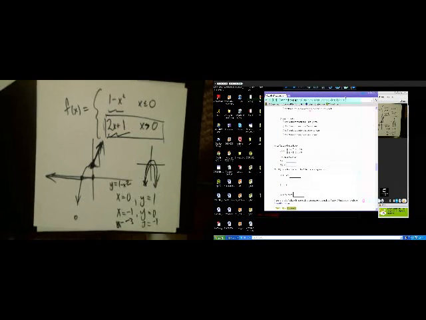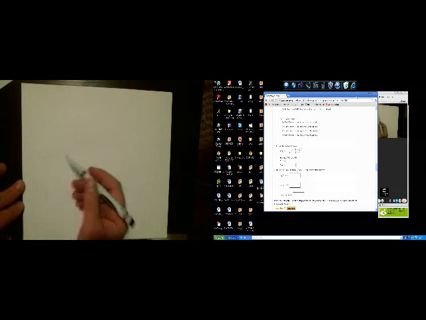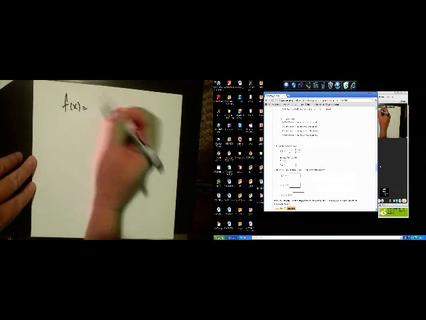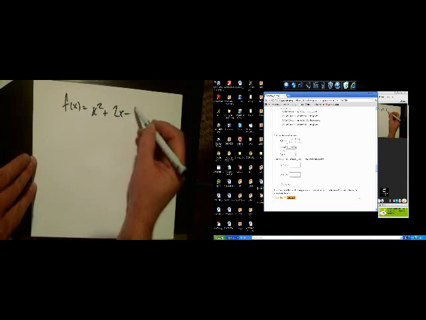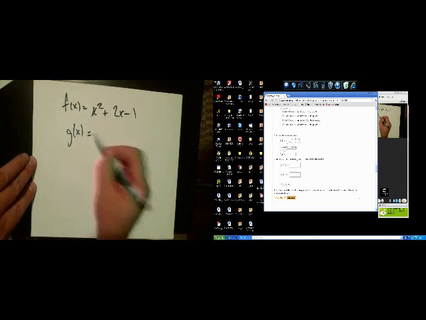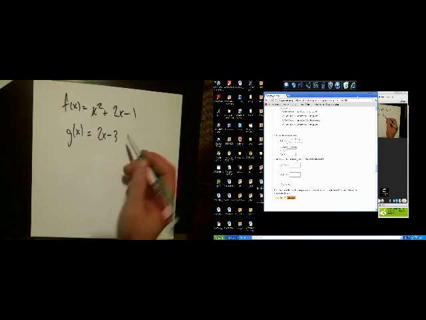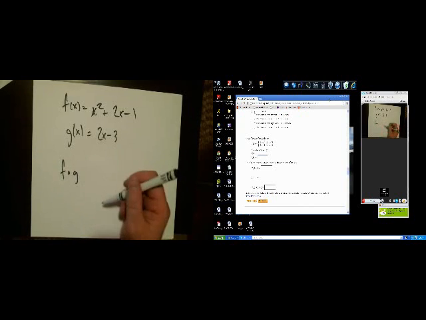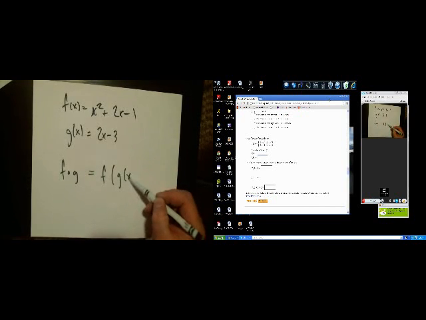Okay, so number 7, and we'll end on that one. So f of x is x squared plus 2x minus 1, and g of x is 2x plus 1. f circle g is an abbreviation for f of g of x.